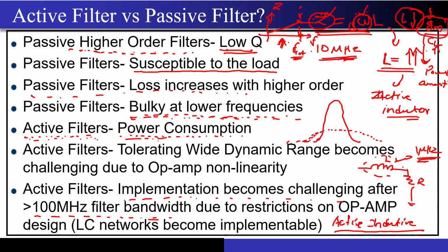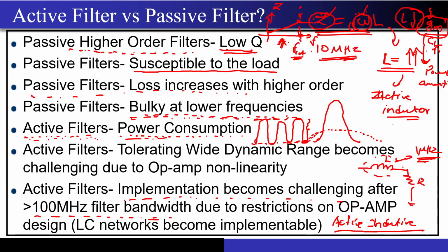Correct? The one bad point about using the active inductors is that since you are using the op amps, if your signal is very large, then whatever amplifiers we study are small signal amplifiers. If your amplifier sees a very large signal like this, your amplifier is going to introduce a non-linearity that will create a distortion. I don't want this distortion to be there. So your active filter has to have a sufficient dynamic range that it can handle a large signal like this.